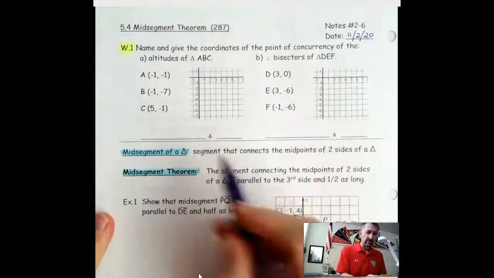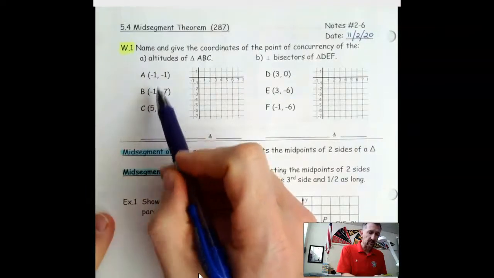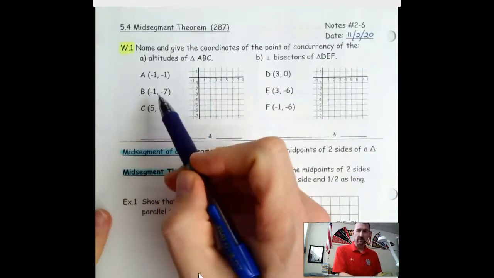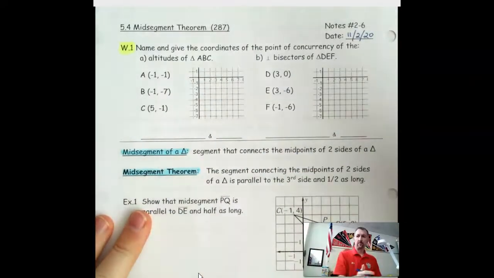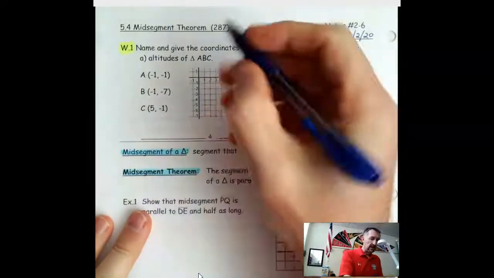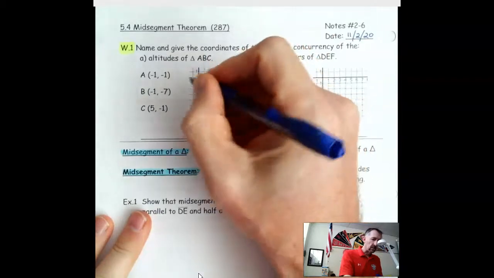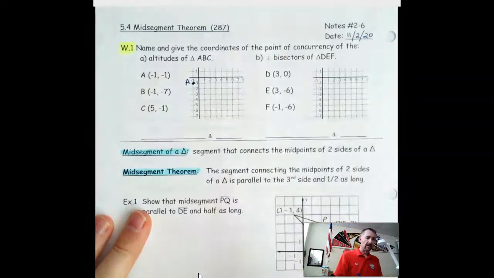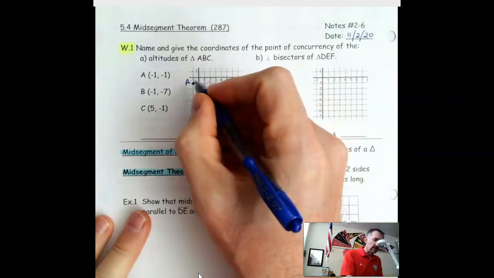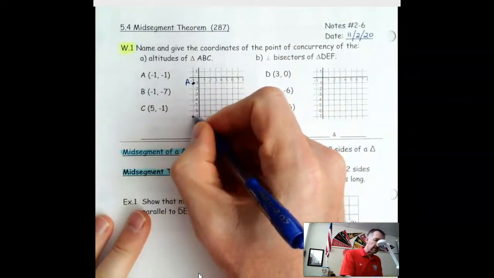So everybody ought to be able to do the first part of this, labeling these points and plotting these points. So negative 1 is over here. So that's point A. And then -1, -7 is down here.